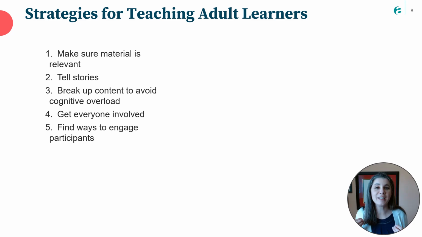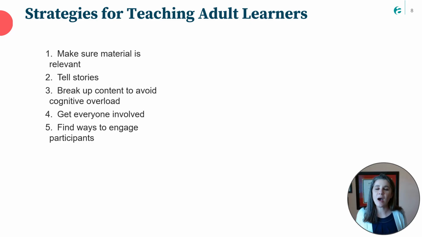Finding ways to engage participants is going to be different for every single person. We just talked about those different types of learners. So the more that we can incorporate ways of learning that would appeal to all of those types of learners, the more success we're going to have in engaging our participants.